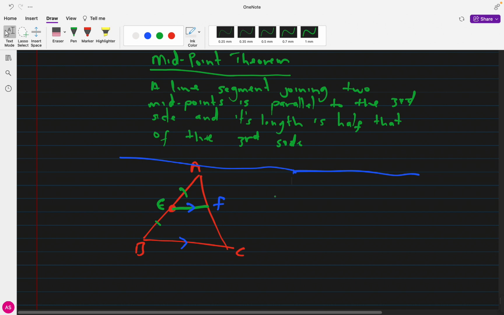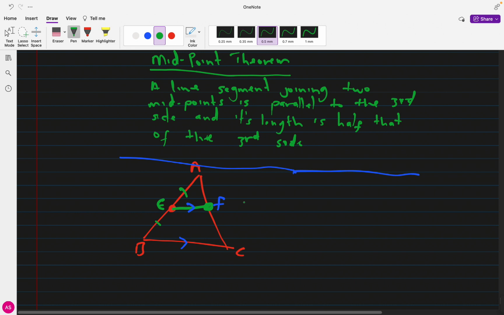The only things that you have is that E is the midpoint of AB, and a line segment is drawn to the other side, AC. The second piece of information is that EF is parallel to BC. So now obviously that means F will be a midpoint.